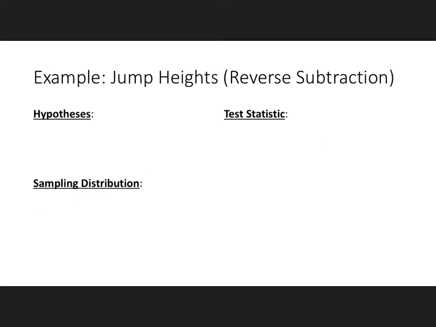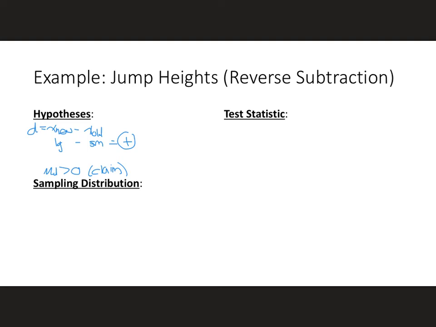So looking at the reverse subtraction, this then would be D is X sub new minus X sub old. So this would be, the new should be a larger value than the smaller old value, and large minus small is positive. That means that we're looking at mu sub d is greater than 0 this time.